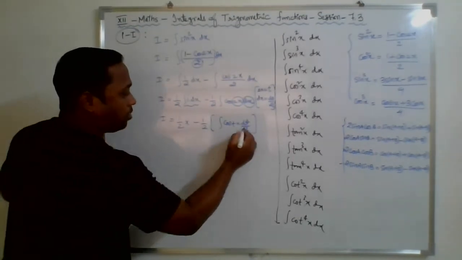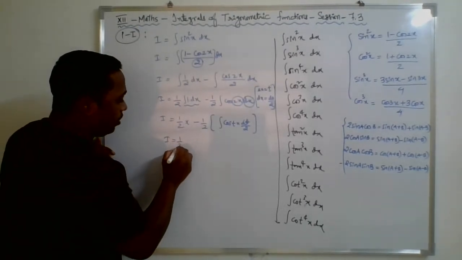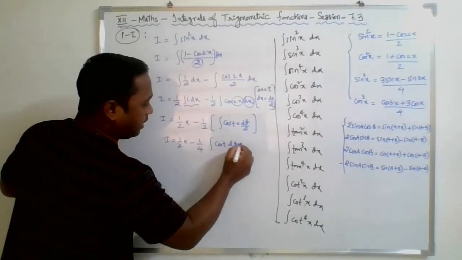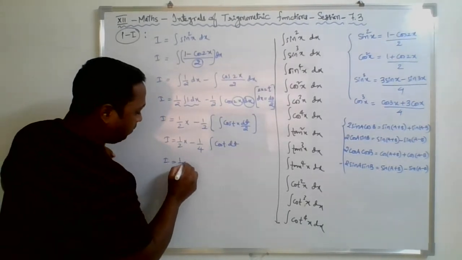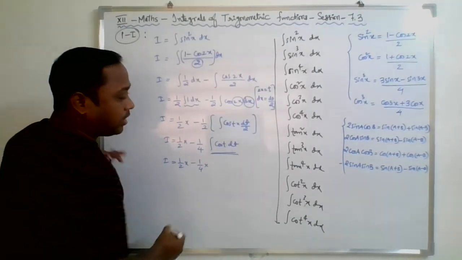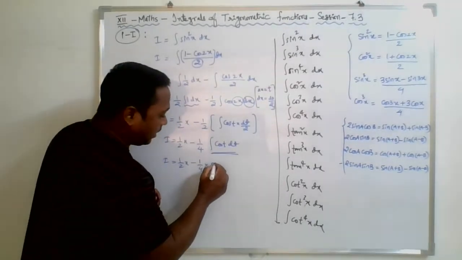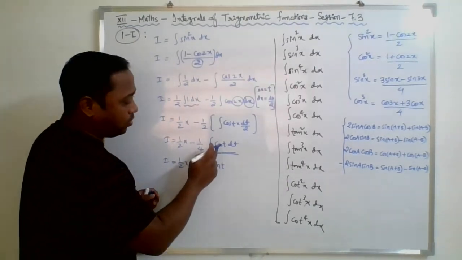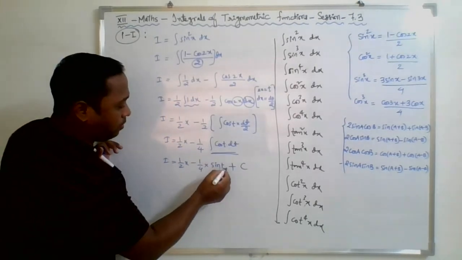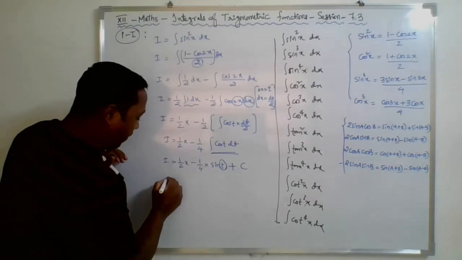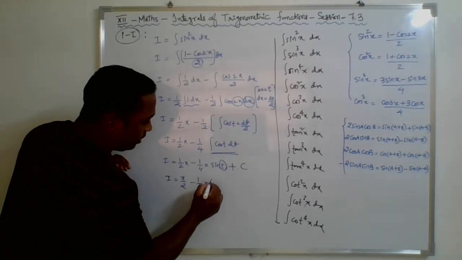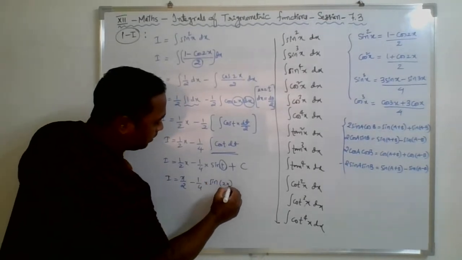The 1 by 2 comes out, so ultimately I is equal to half x minus 1 by 4 integral of cos t dt. The integral of cos t is sin t, because the derivative of sin t is cos t, plus c, and we will replace t with the original function at the end. So I is equal to x by 2 minus sine of 2x by 4, plus c.